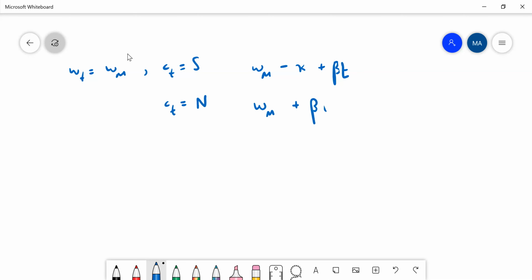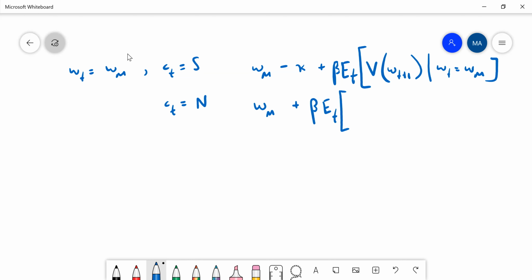So okay, expected value of the value function of W_{t+1}, conditional on the fact that W_t is equal to W_M. Okay, and here, notice that we have the same thing.